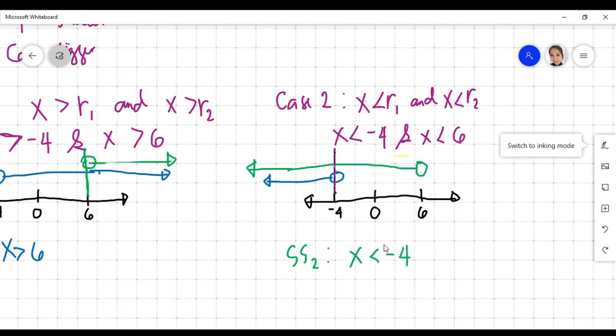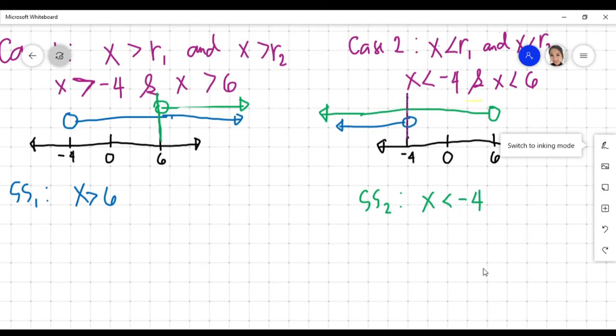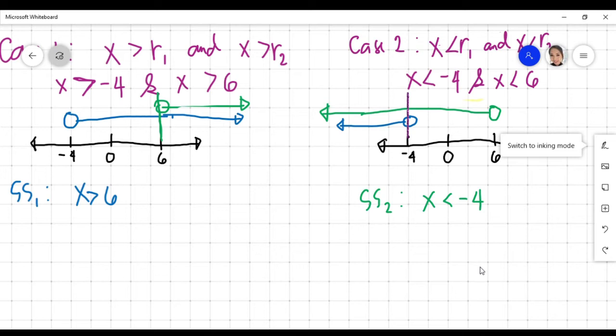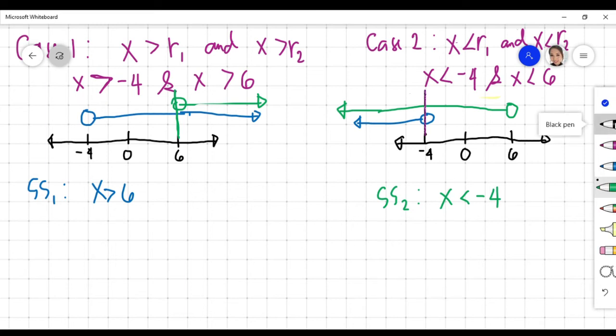Now, we have the two solution sets: SS1, x greater than 6, and solution set 2, x less than negative 4. Therefore, let's graph these two solution sets on one number line.